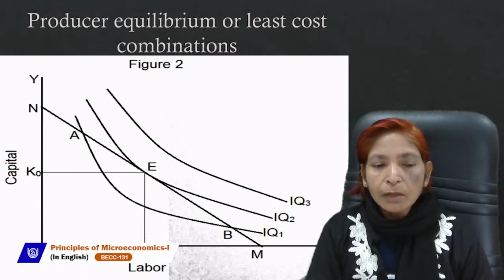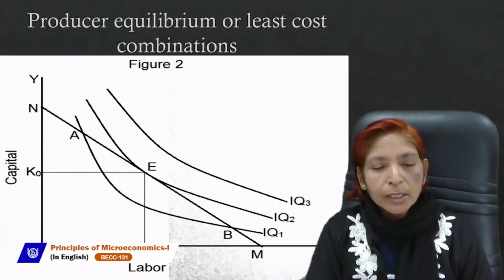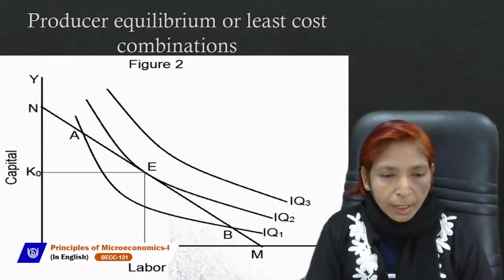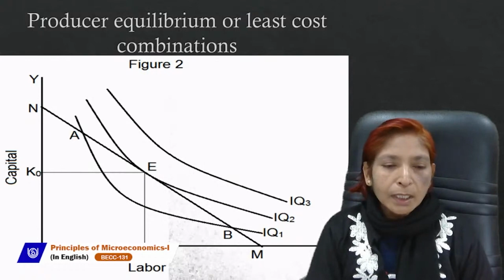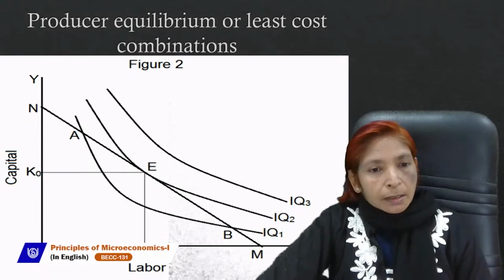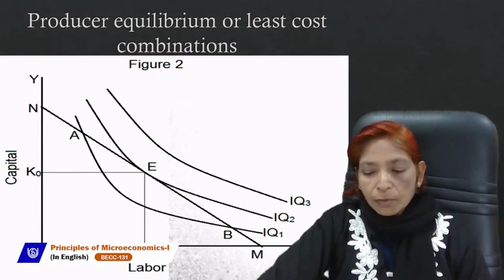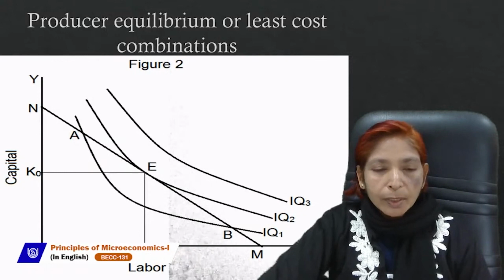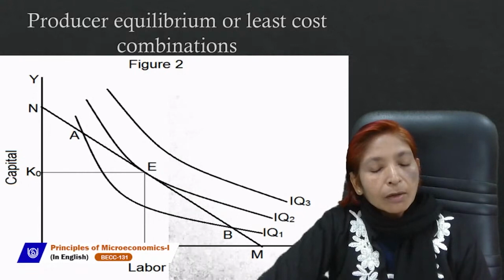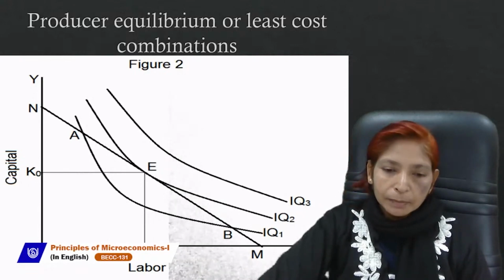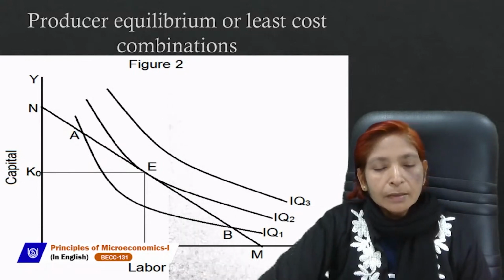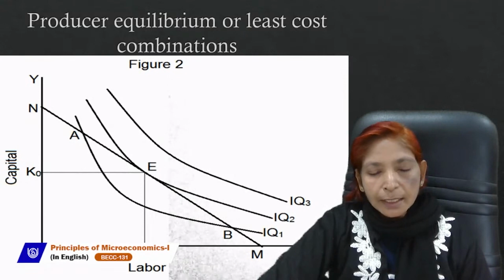Equilibrium is always determined where the producer gets maximum output at the minimum cost and where both conditions are fulfilled. The conditions are: one, the slope of the isoquant curve must be equal to the slope of the isocost line, and second, the isoquant curve must be convex to the origin. IQ2 shows that both conditions are fulfilled at point E.